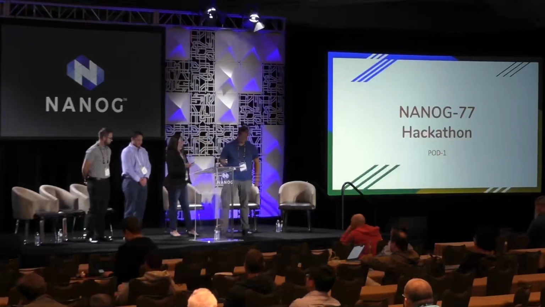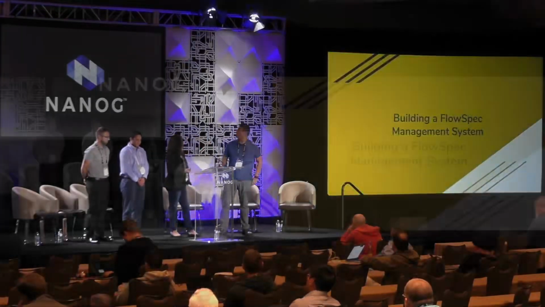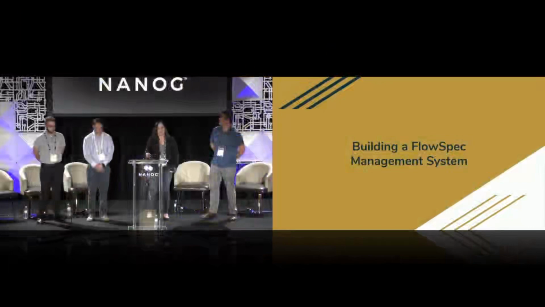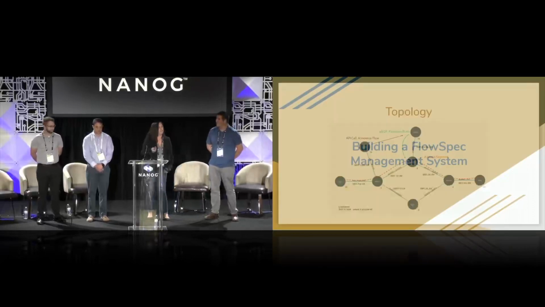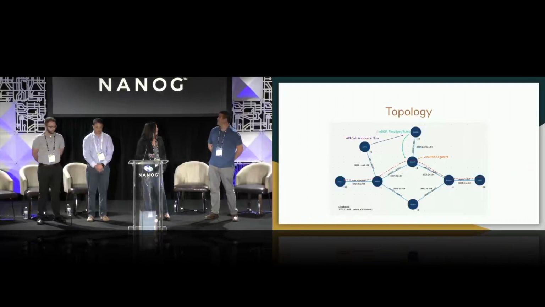So basically what we did is we created a bit of operationalization on top of the existing demo that Facebook opened with as part of the hackathon. Just a quick overview of what the topology was at the start.